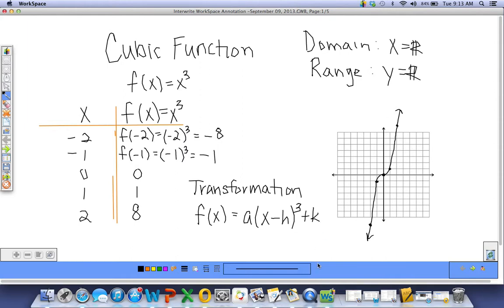So the only thing we're changing this time around is now we have a cubed. So it's still all the same. H still moves it horizontally. K, we take it as we see it, vertical. And A will cause our graph to open wider or get skinnier, and it could flip it.